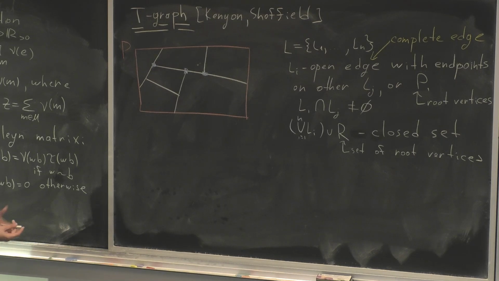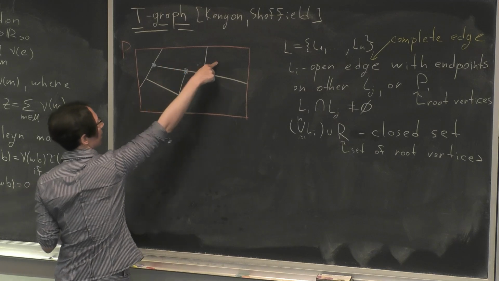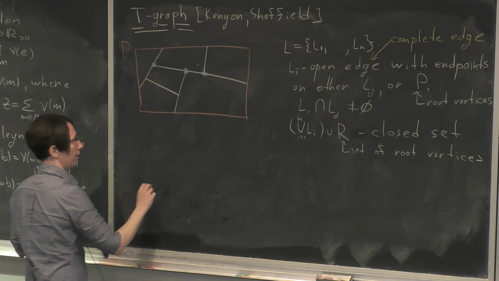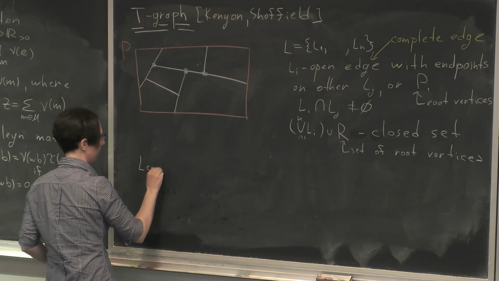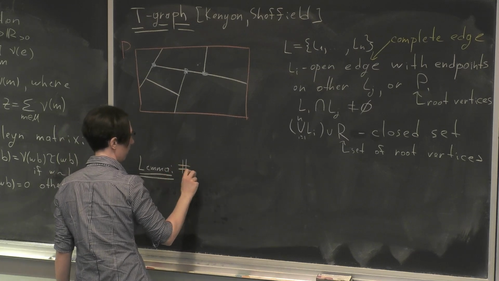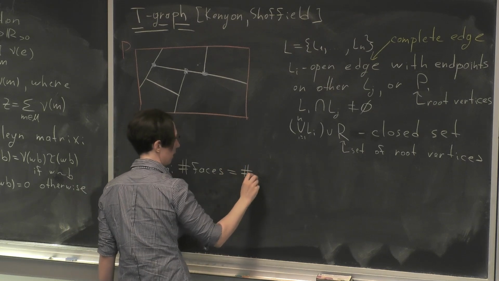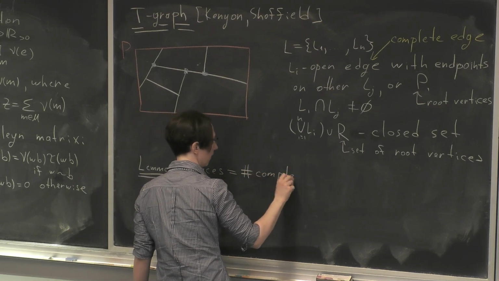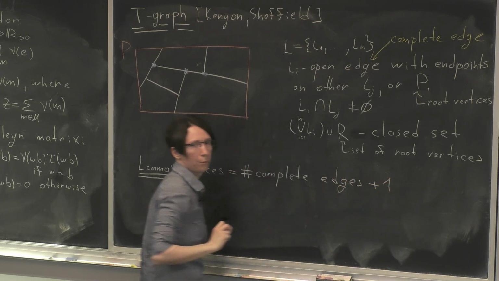Now this set of edges will tile the polygon by convex faces, right? So I have a set of convex faces, and I claim that, okay, let me call it a lemma, that the number of faces is equal to the number of complete edges plus 1.